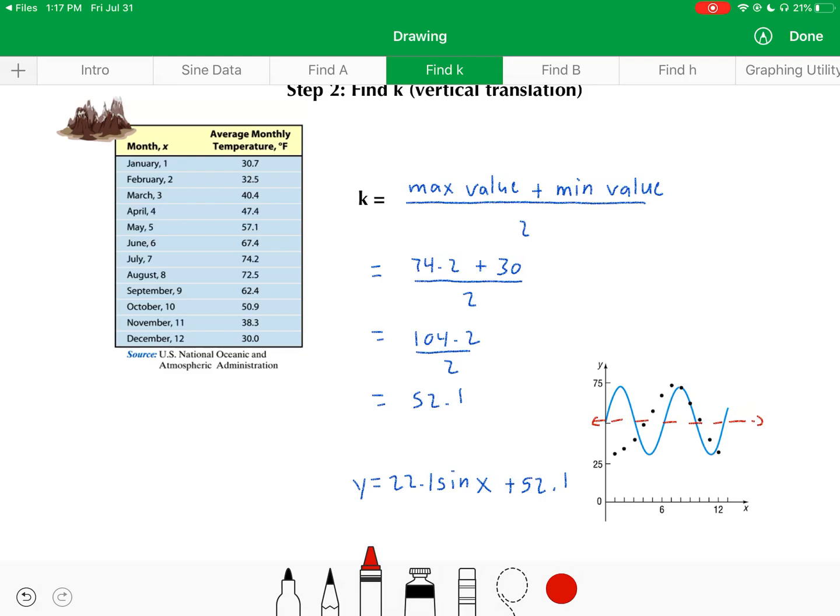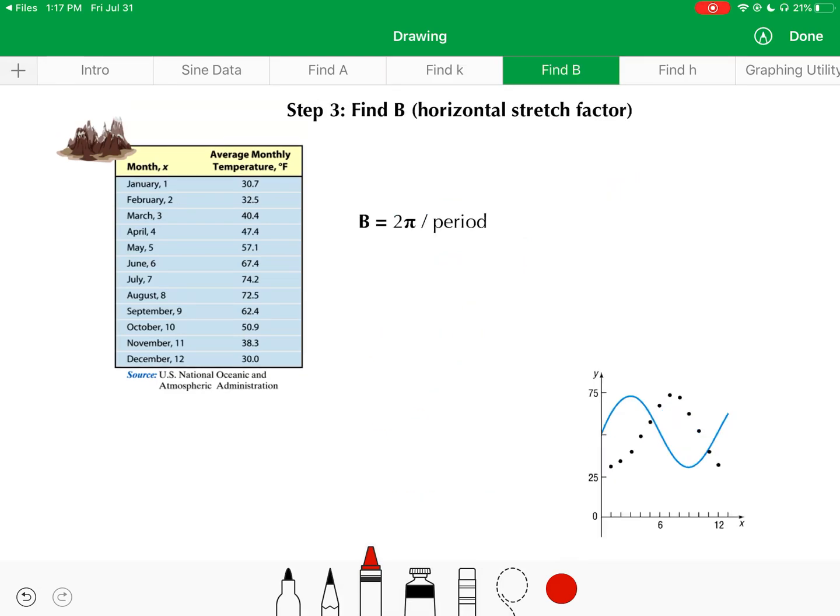Next we find our B value, and B is our horizontal stretch factor, which ultimately affects the period of your sine function, right? So B, we've always said, is equal to 2 pi divided by the period. In this case, this function would have to have a period of 12, right? Because the data is going to repeat itself every 12 months.